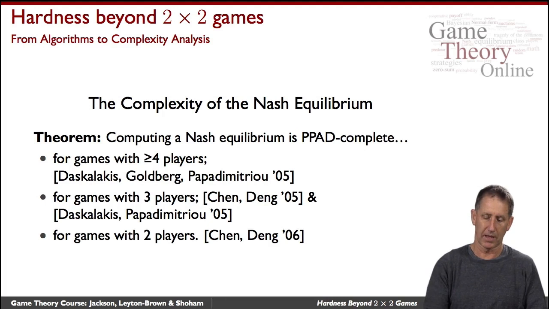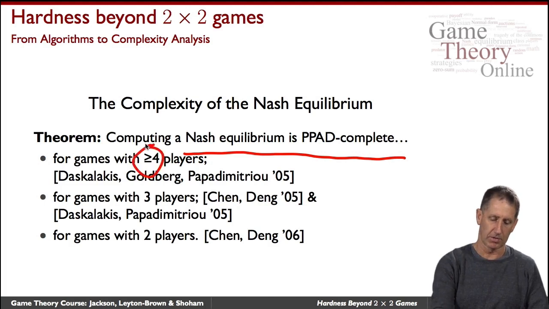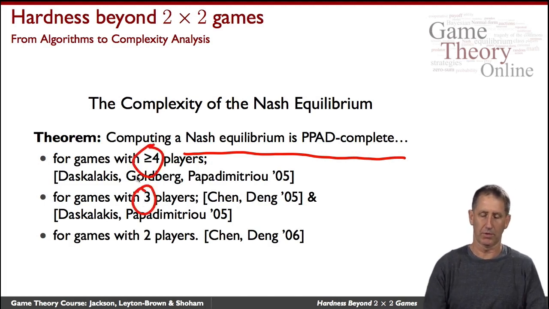Originally, it was shown that the problem of computing a Nash equilibrium is complete for this class PPAD. That is, it's the hardest among all problems in that class. Initially proved for 4 players, then for games with 3 or more players, and then finally in '06 for all classes of games. And so we widely believe that the problem is not polynomial, cannot prove it, but we do know where it resides within the complexity hierarchy that we are familiar with.